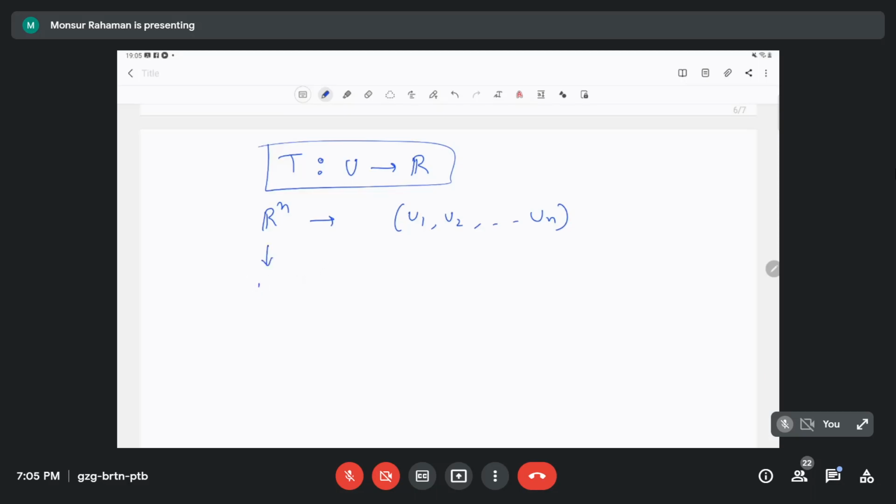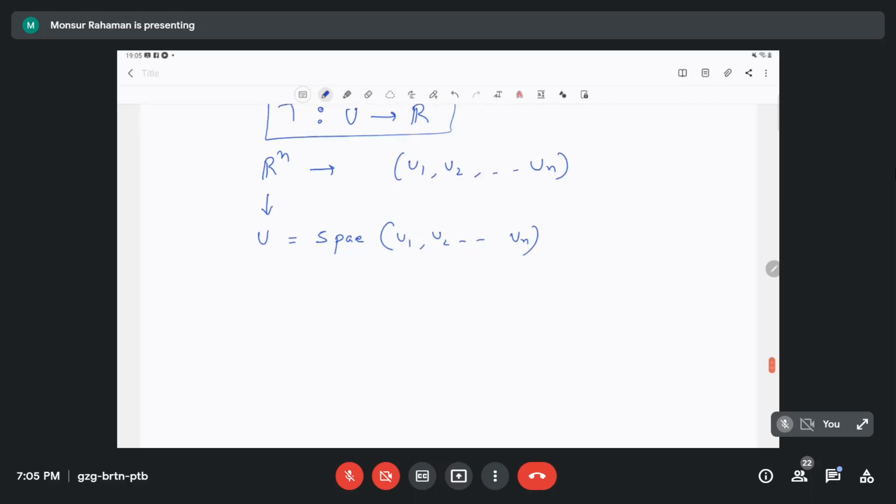Now if you choose a vector v from Rn, you know that you can write this v in terms of v1, v2, up to vn. This is the definition of a basis. That's why you can write it: there exist c1, c2, up to cn in R, the field, such that v equals the sum of ci vi, with i running from 1 to n.